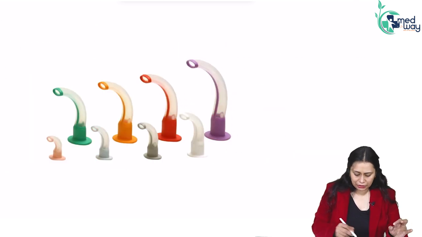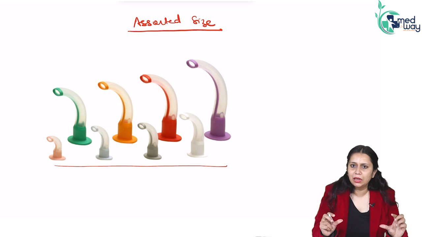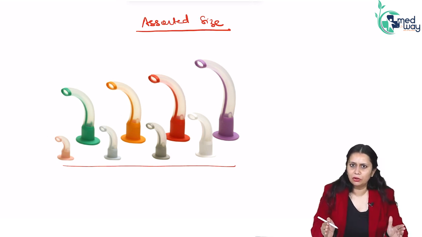It comes in assorted sizes. To insert it, first you need to measure the correct length for that particular person. Even in adults, we would need two different sizes of the oropharyngeal airway. It depends upon the anatomy of the person.